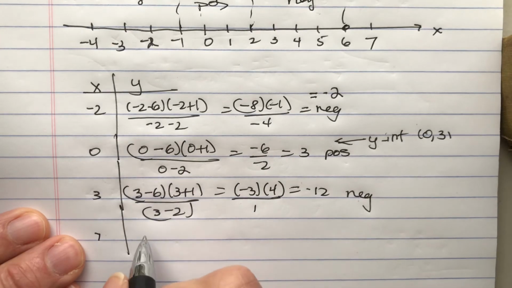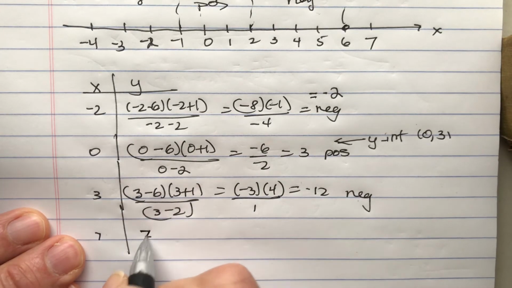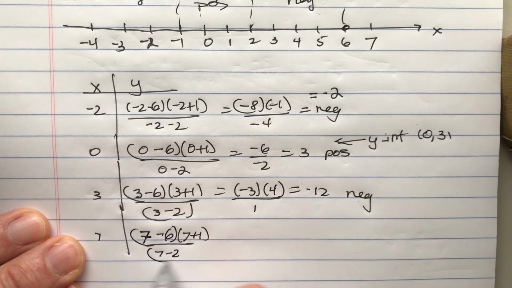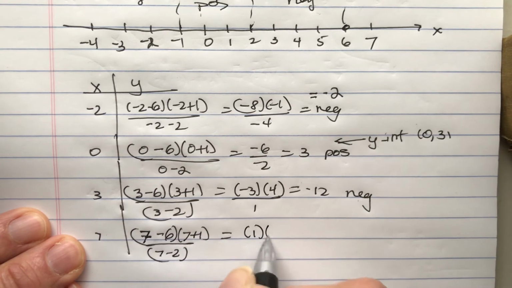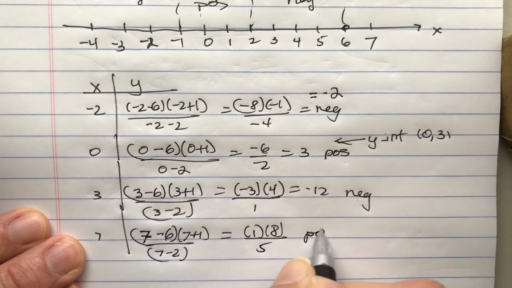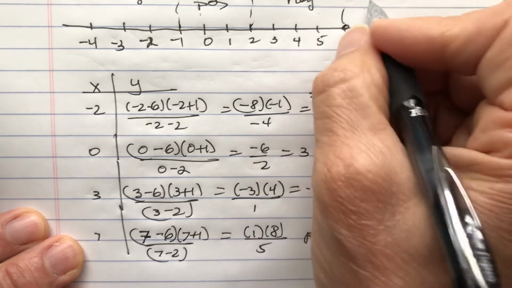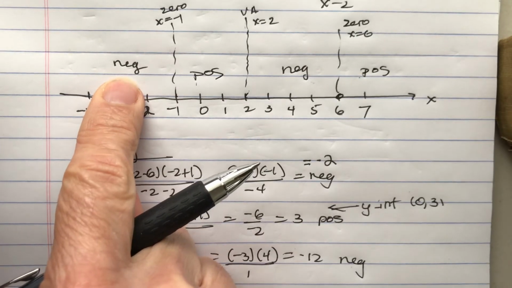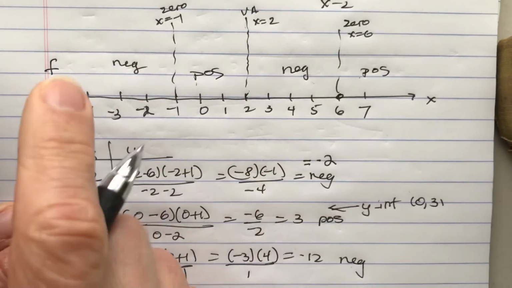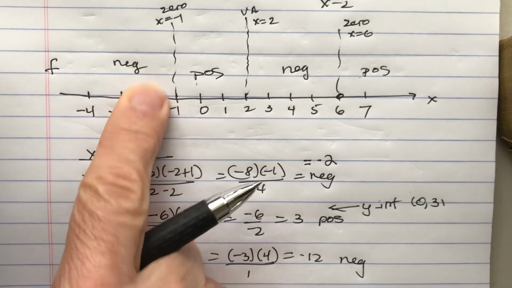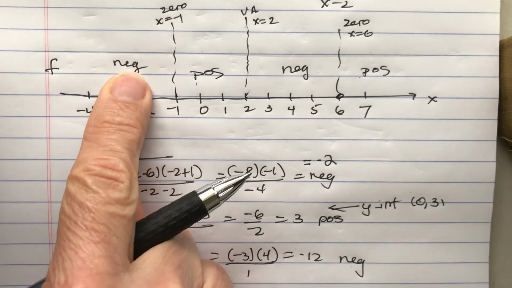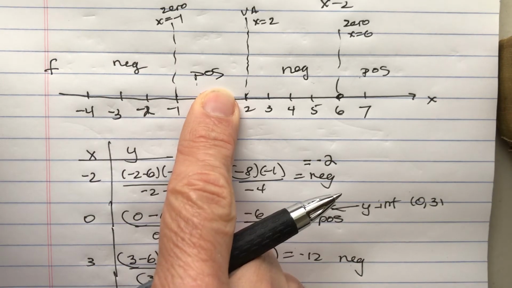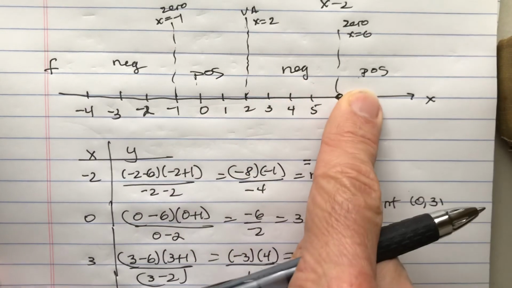So 7 minus 6, 7 plus 1, 7 minus 2: that's 1 times 8 over 5, and that's positive. What does it mean when the function f is negative? It means that the curve, when you sketch the graph, will lie below the x-axis. Over here, the curve will lie above the x-axis. Here below, here above.